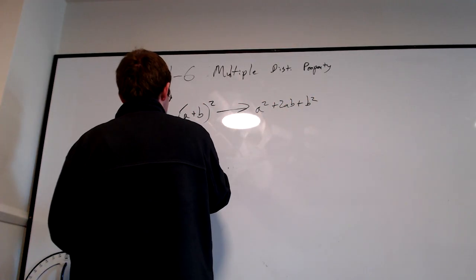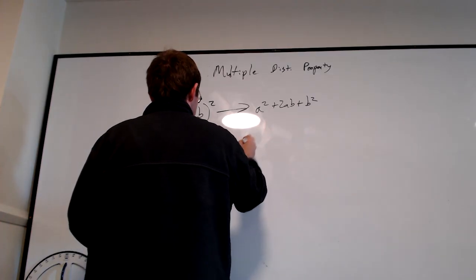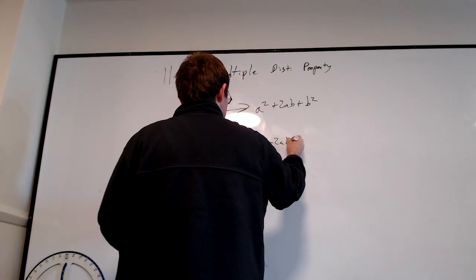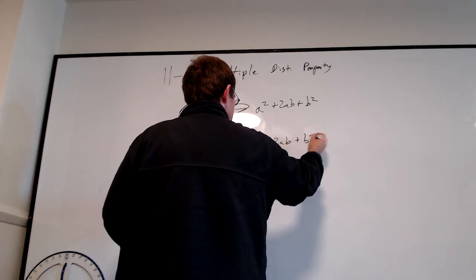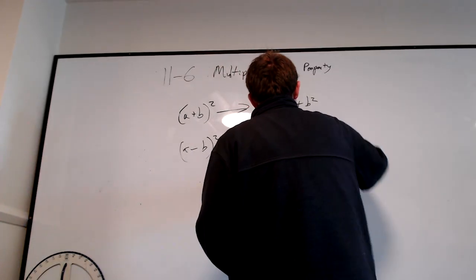Whenever you have a minus b squared, that's going to lead to a squared minus 2ab plus b squared.